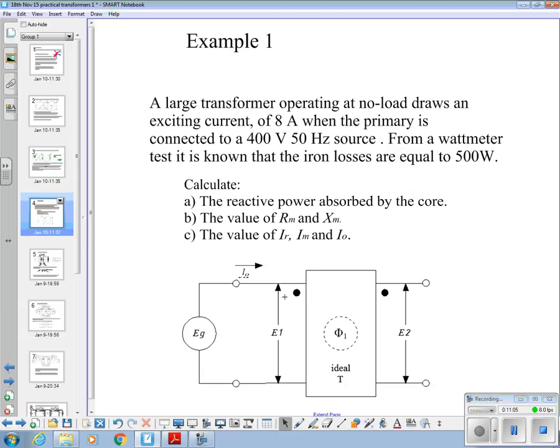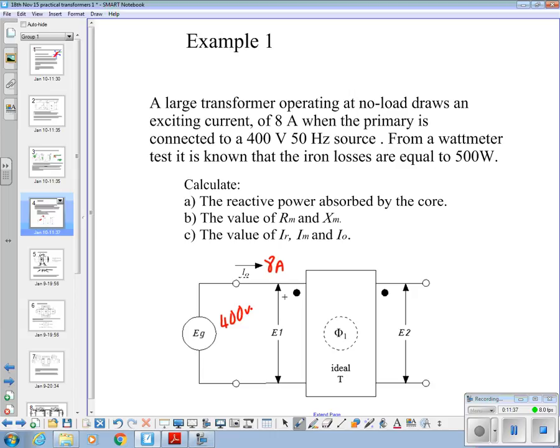So, let's have a look at an example. A large transformer operating at low load draws an exciting current of 8 amps when the primary is connected to a 400 volt 50 hertz supply. So we've got an IO there of 8 amps. This is 400 volts.